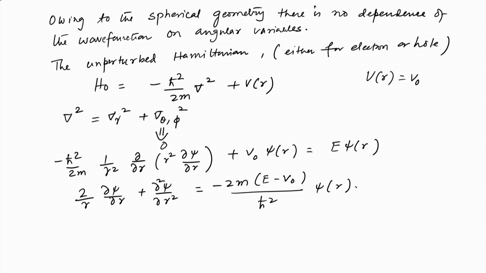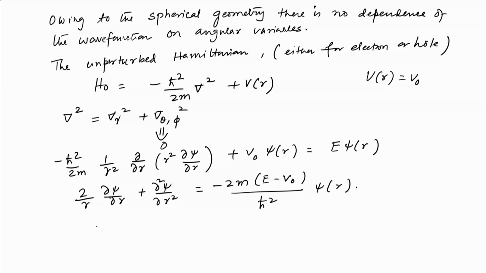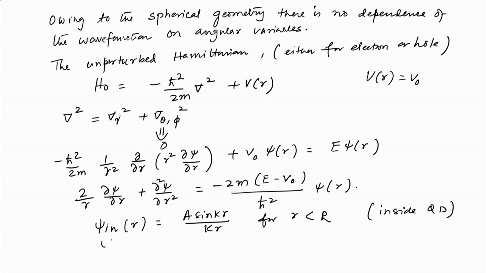So, there are two solutions. One is inside the quantum dot: psi in is A sin k r by k r, which is called a Bessel function, for r less than R. And psi out of r is equal to B e to the minus k prime r divided by k prime r, for r greater than R, outside the quantum dot.